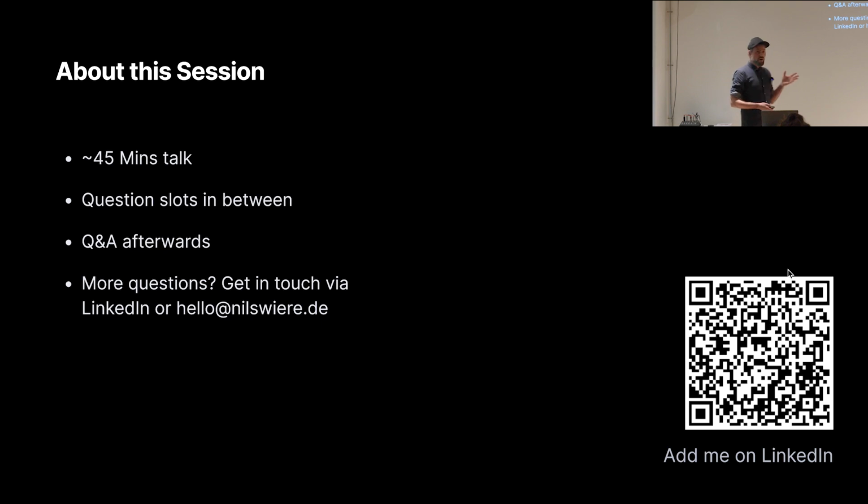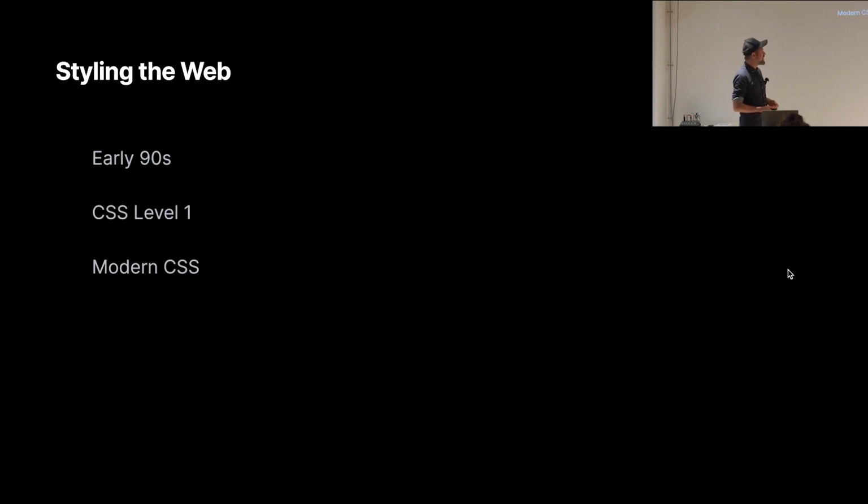All right, and this talk is called The Evolution of Design Tokens. And that's why we travel back in history all the way to the early days of the web, to the 1990s. I didn't work on the web at that time, so I know this from articles, but I think this is true.